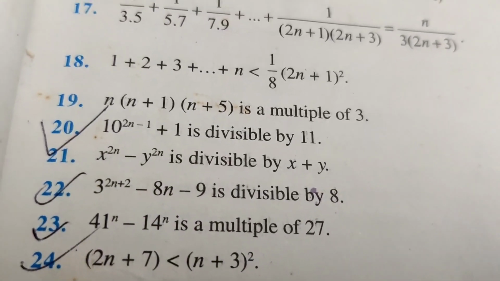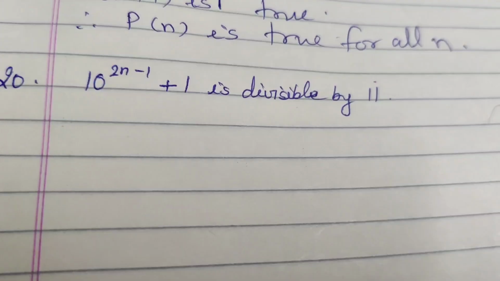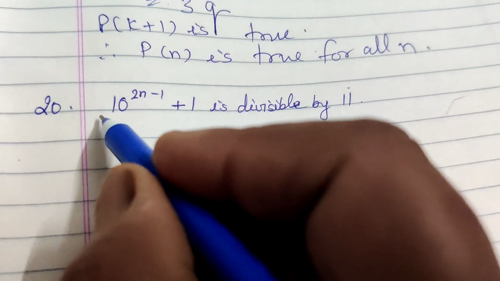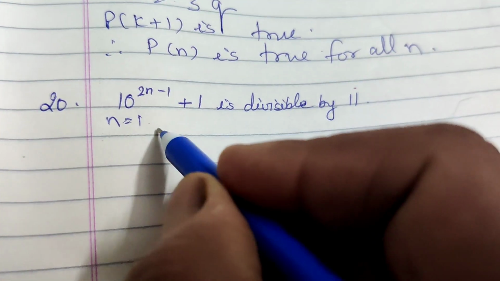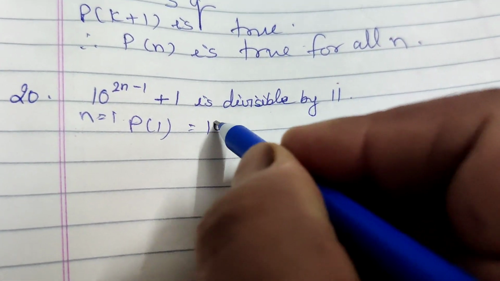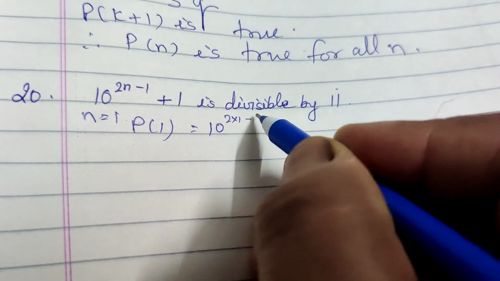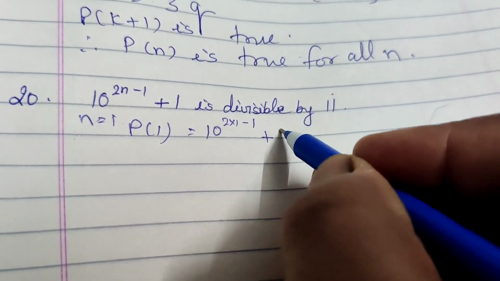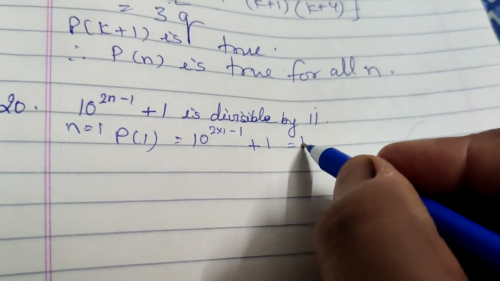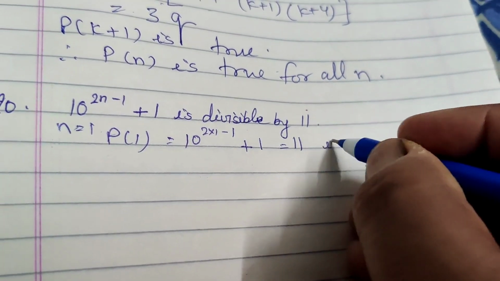We have to prove it. First we have to prove for n equal to 1. Now P1 is 10 raised to power (2 into 1 minus 1) plus 1, which is equal to 10 plus 1, 11. That is, it is divisible by 11.